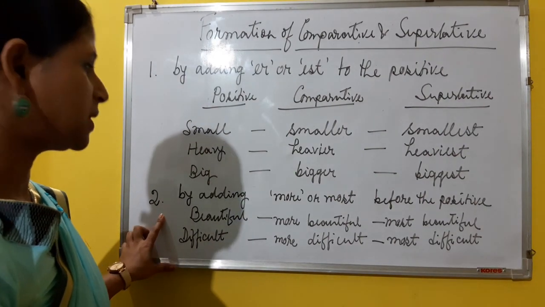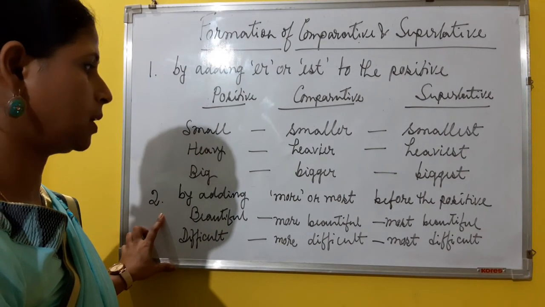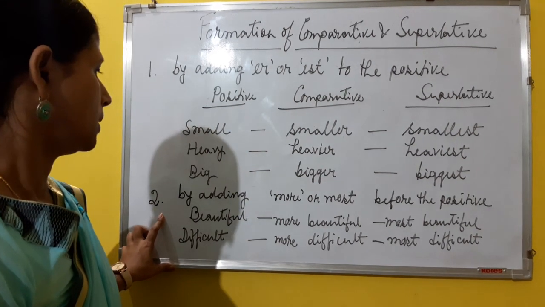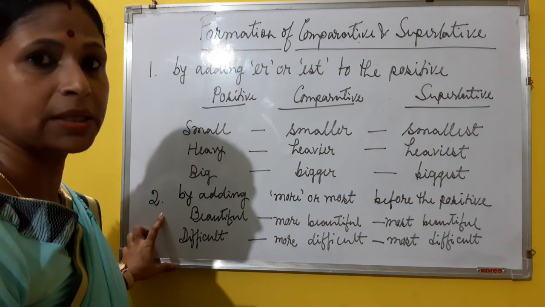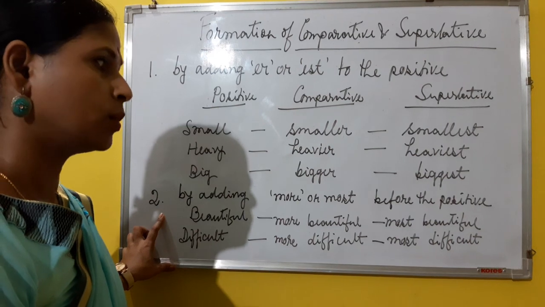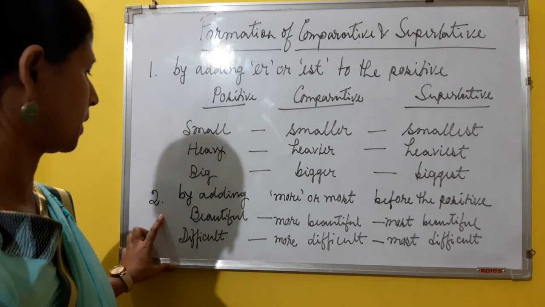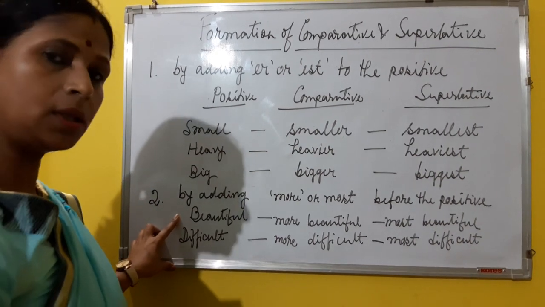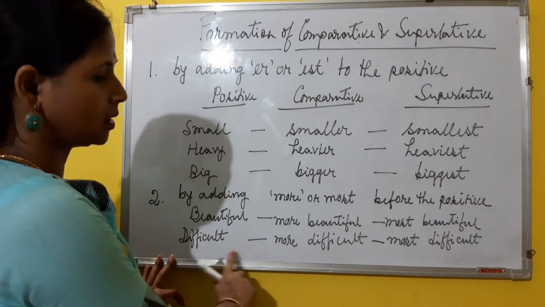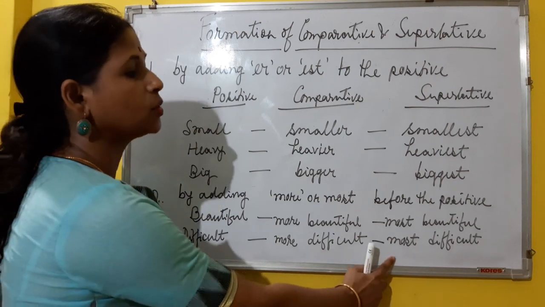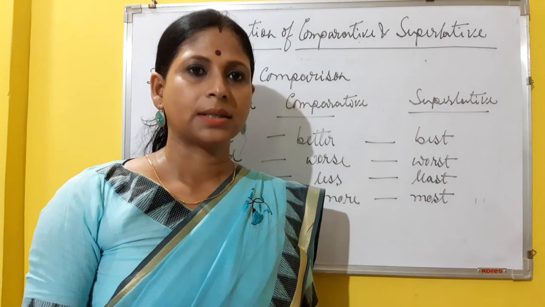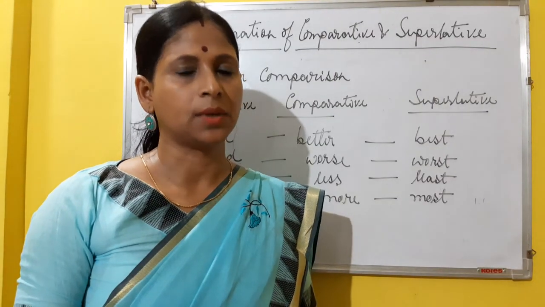Secondly, some adjectives, generally of more than one syllable, form comparative and superlative by adding more or most before the positive. Example, beautiful, more beautiful, most beautiful. Difficult, more difficult, most difficult. Certain adjectives are compared irregularly.